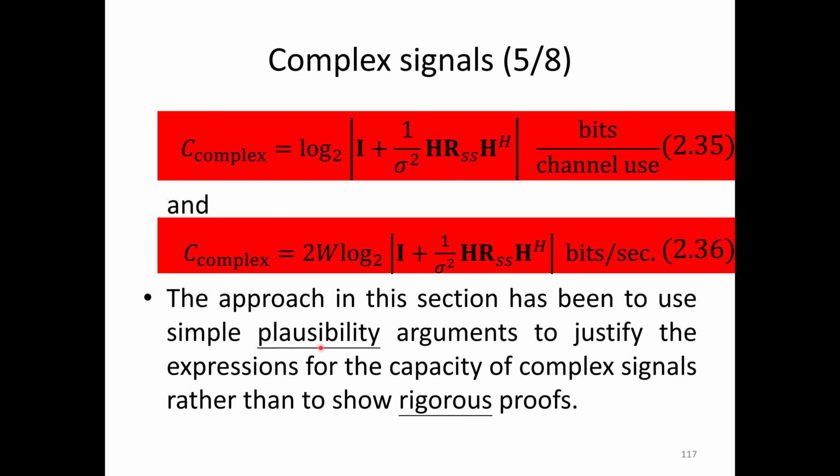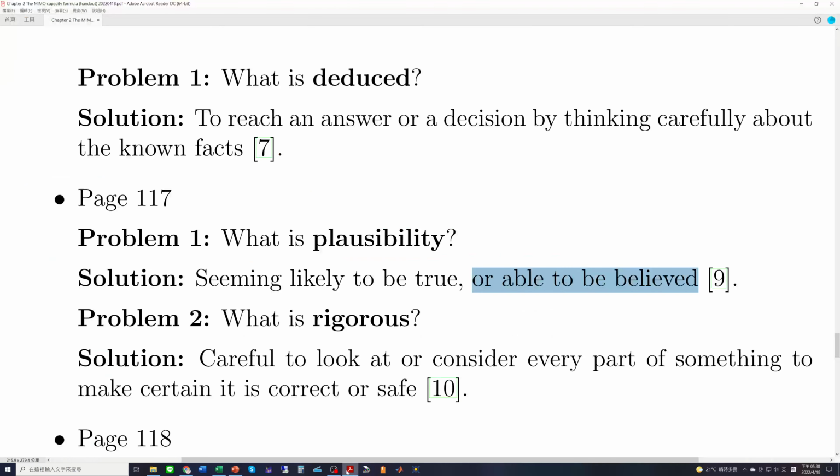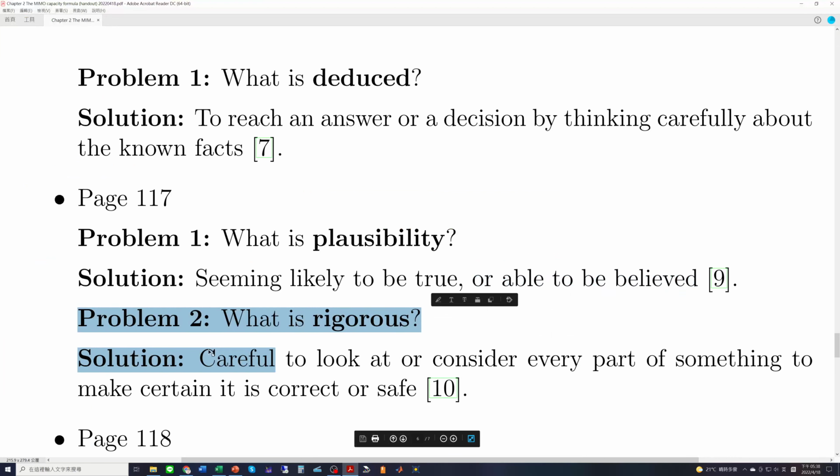Plausibility arguments are used to justify the expressions for the capacity of complex signals rather than to show rigorous proofs. What is rigorous? Let us go to the handout, problem 2. What is rigorous?